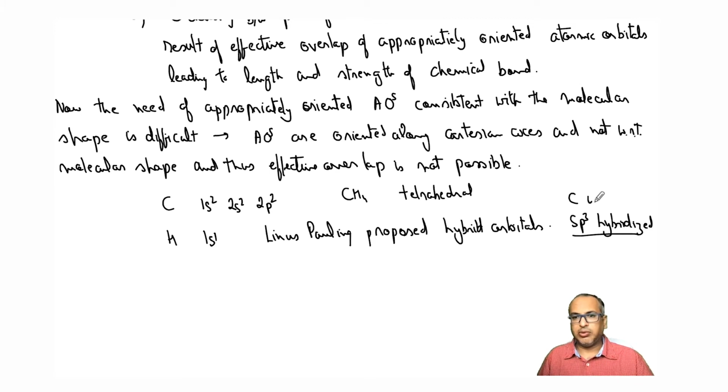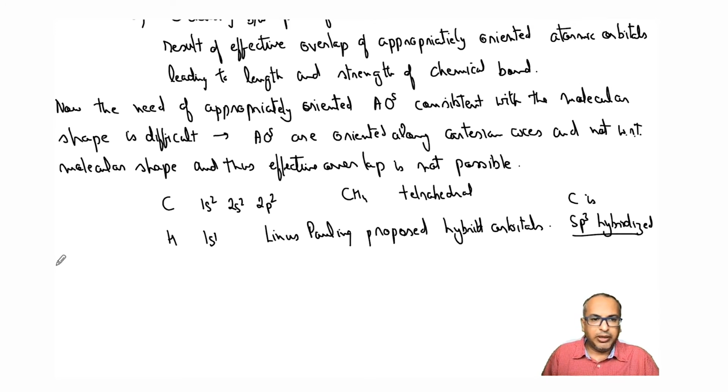So carbon is sp3 hybridized, leading to a tetrahedral shape, and carbon is sp3, sp2, or sp hybridized in other molecules, right? So there is a concept of hybridization where atomic orbitals mix and match, leading to formation of hybrid orbitals which are now equal in energy, and thus they interact with the atomic orbitals of hydrogen, leading to formation of a tetrahedral shape, right?